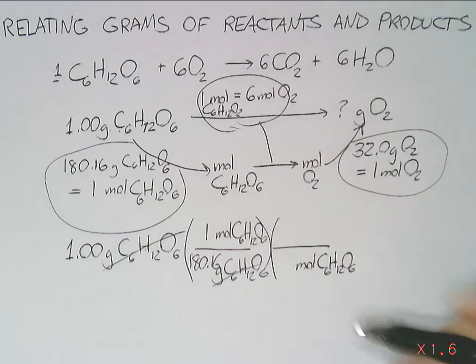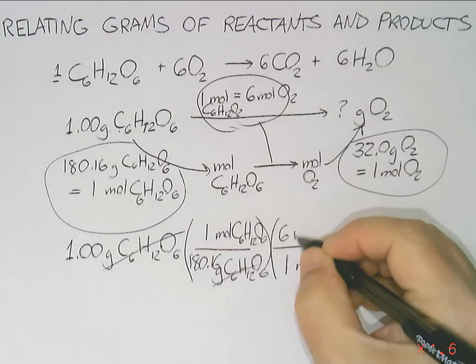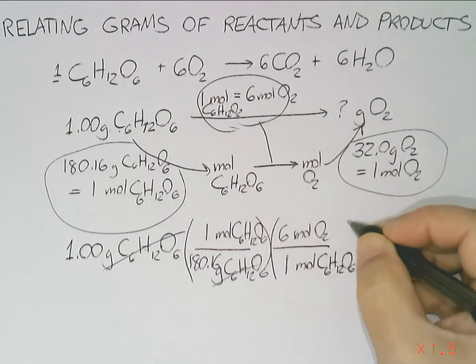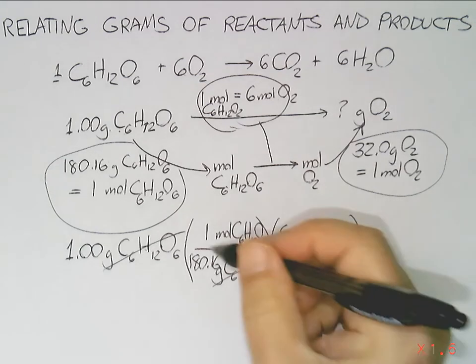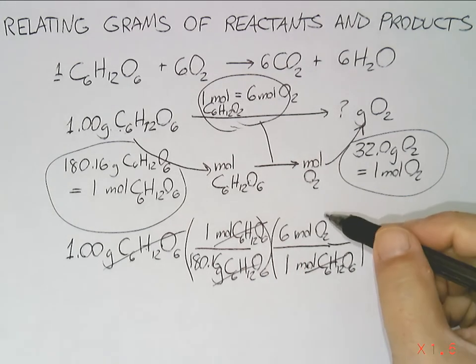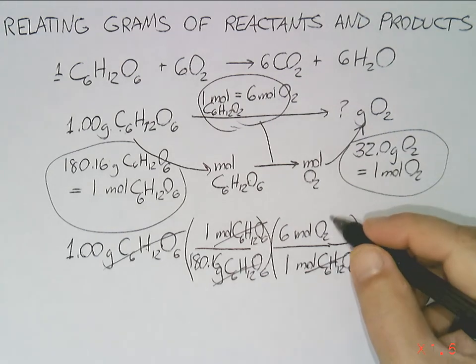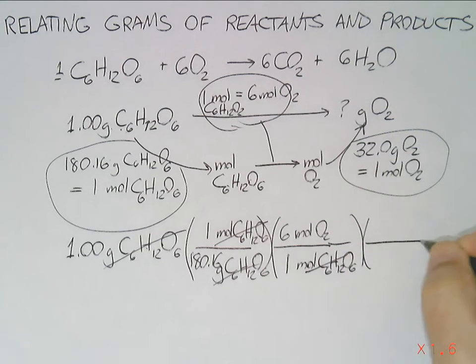There's a link between 1 mole of C6H12O6 and 6 moles of O2. That gets rid of moles of C6H12O6. Now I've got moles of O2, but that isn't where I'm trying to go. I'm trying to go to grams of O2. So I have to do one more step where I get rid of moles of O2.